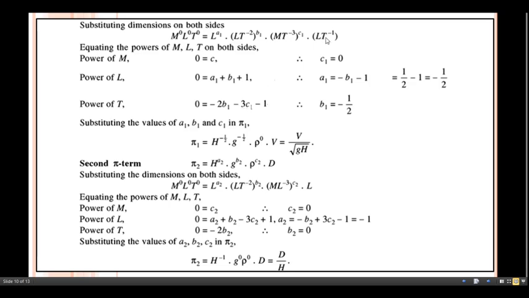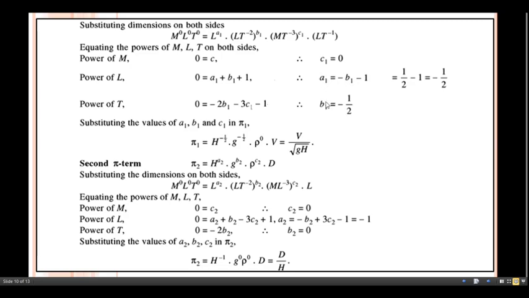Next, the power of t in velocity is minus 1. We equate the sum with 0. We know the value of c1 is 0, so substitute here and get the value of b1. Once we get the value of b1 as minus 1 by 2, just substitute it in the previous step and get the value of a1.